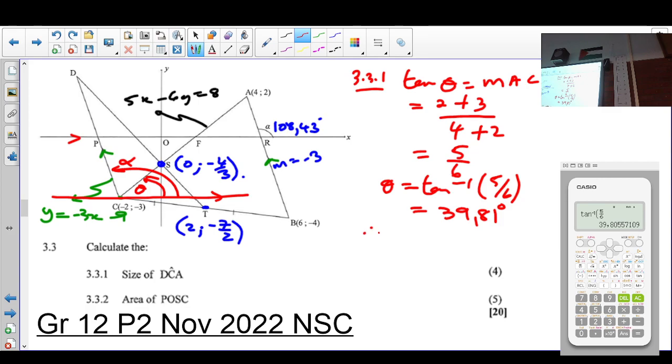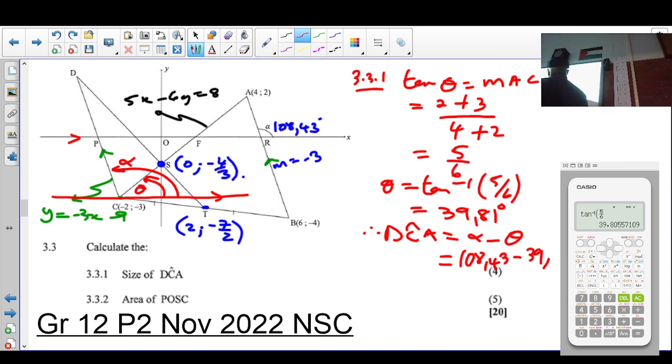So therefore, DCA is equal to alpha minus theta, which is 108.43 minus 39.81. So it's 108.43 minus the answer, which is 68.62.